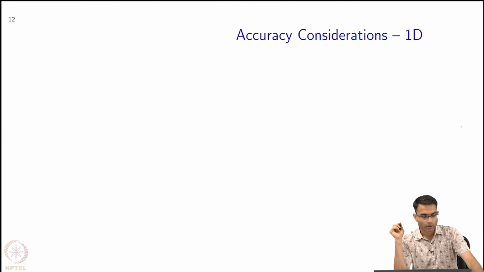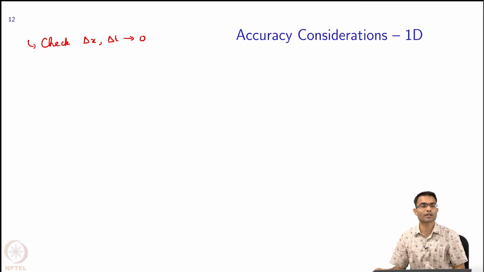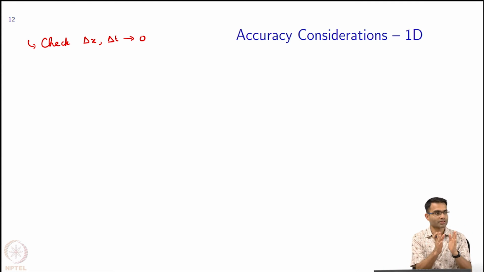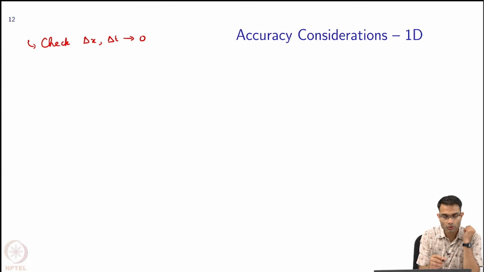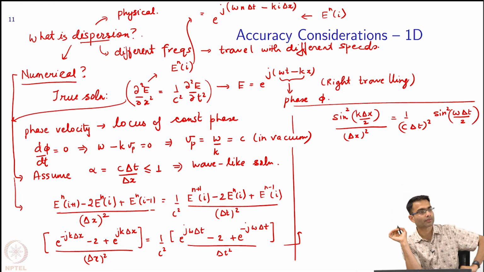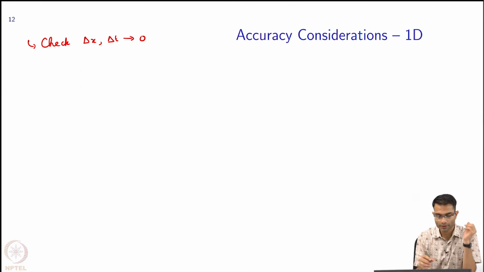Okay. Now, let us first check what happens when I set delta x and delta t tending to 0, because when they tend to 0, I should get the correct solution. As I make the differences smaller and smaller, I am going to approximate the actual derivative. So, as delta x and delta t tend to 0, what happens to this expression? Sine theta tends to theta as theta tends to 0.